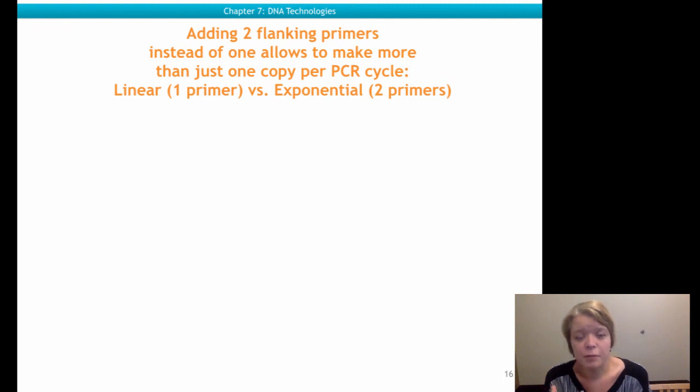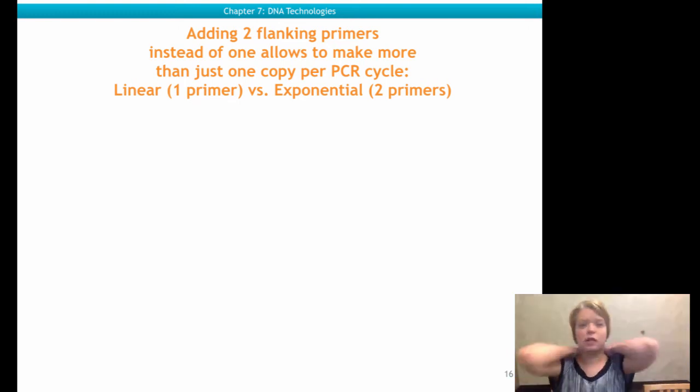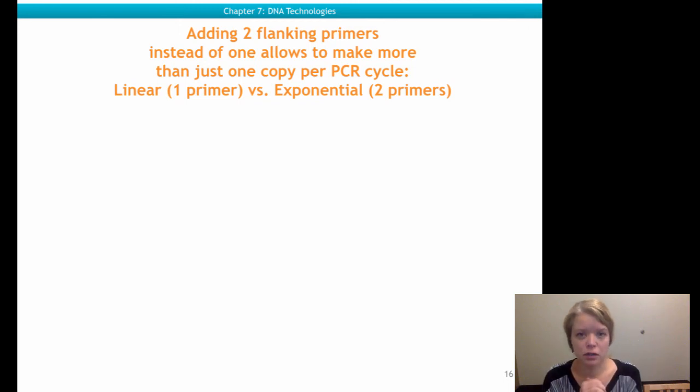The important step in optimizing and developing the actual polymerase chain reaction came from the realization that if you use 2 flanking primers, instead of 1 primer that the Kornberg group was using, you can get more than 1 copy of DNA per cycle. With one primer, you only get linear amplification of the product, so one cycle, one extra copy.